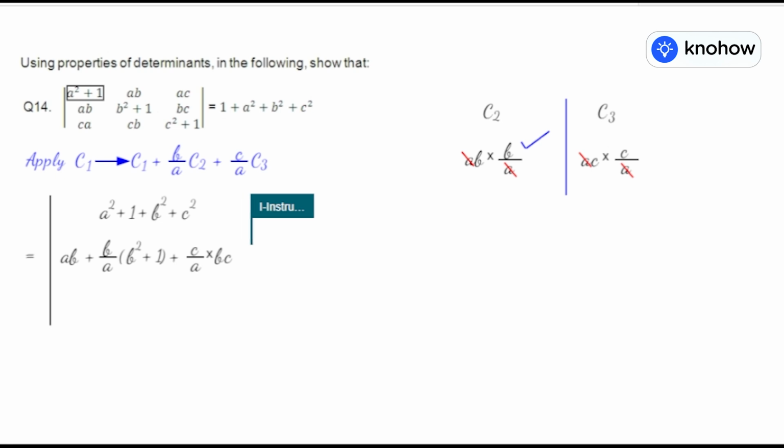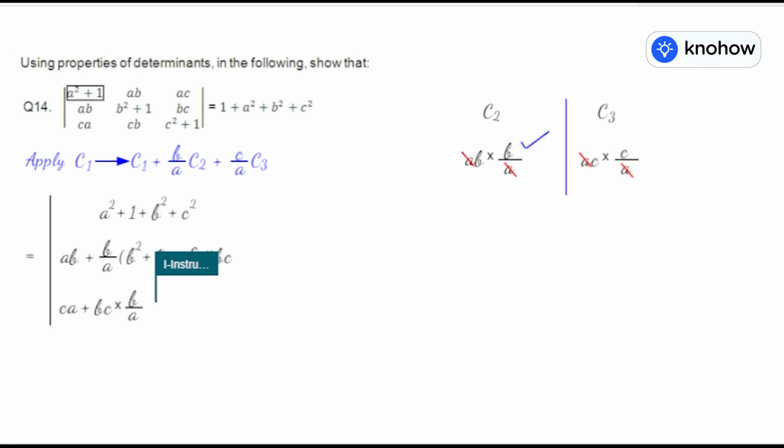And what is the third element? Now we are adding to column 1. Column 1 determinant equals: the third one is ca, plus b by a times cb.